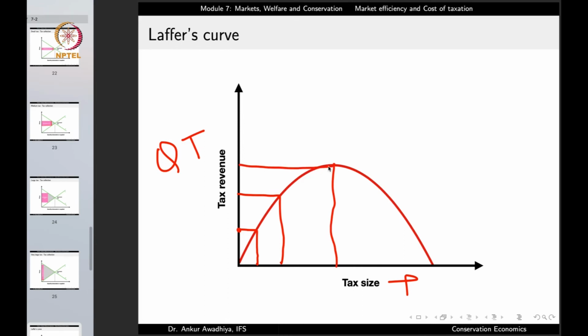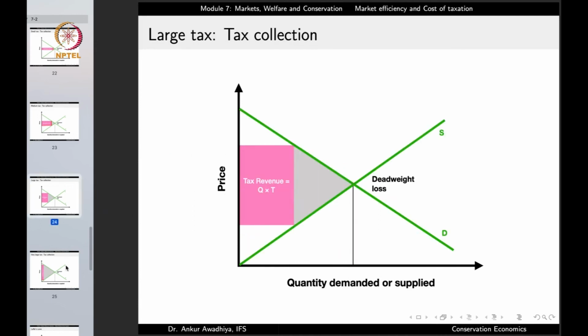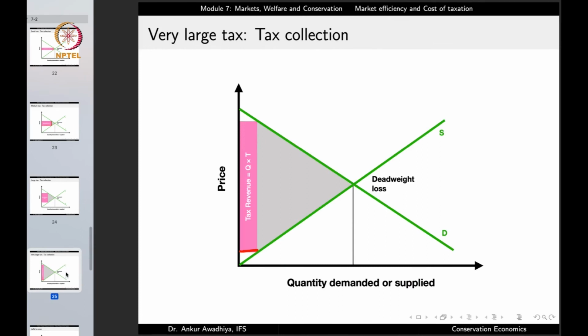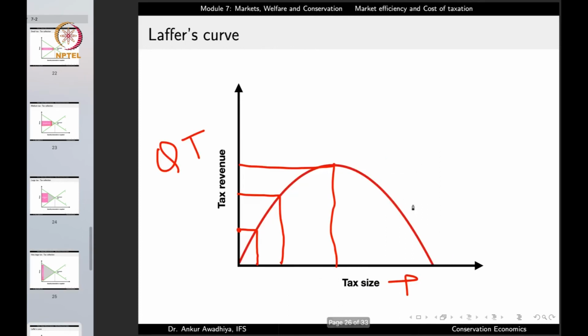But if the government increases the tax size even further, to an even larger amount, then the tax revenue that is collected would again decrease. So at this point, we have the value of T as this, and the value of the tax collected is now this. So this is the Laffer's curve.